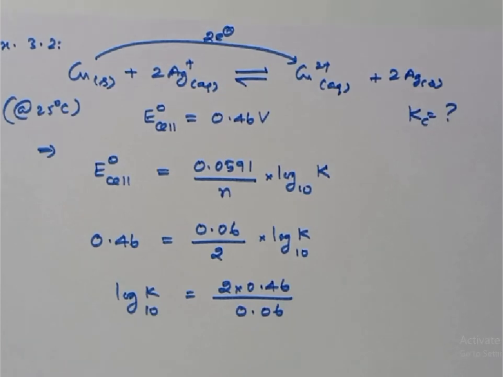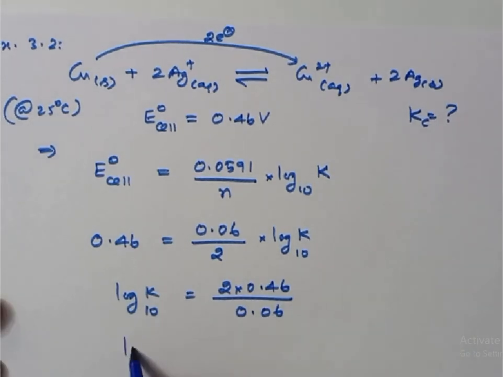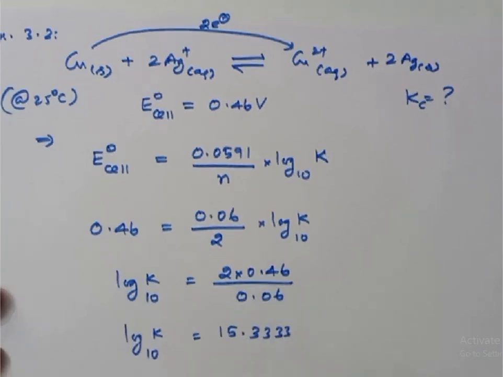Let me use the calculator just to save time. 2 into 0.46 divided by 0.06, I am getting 15.333. So log K base 10 comes out as 15.333.